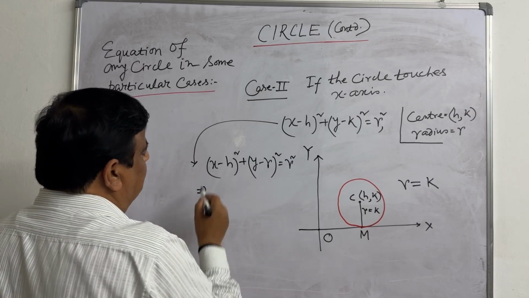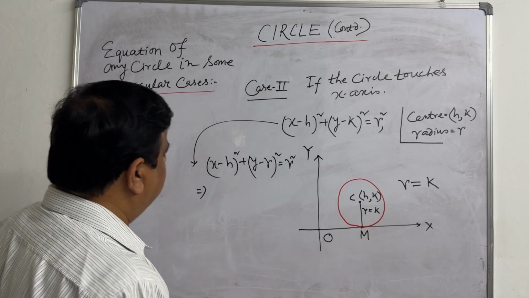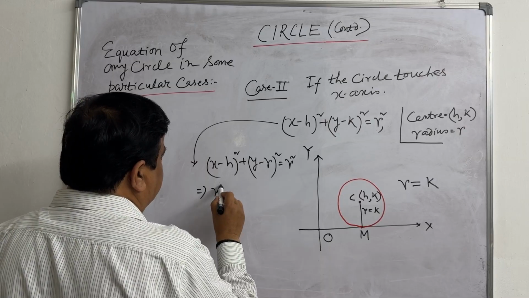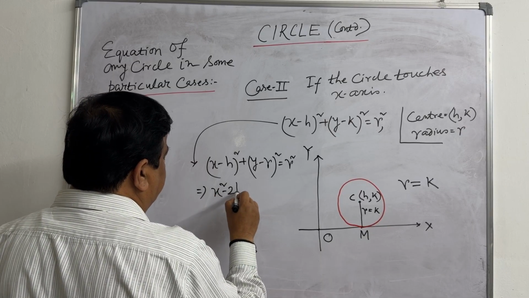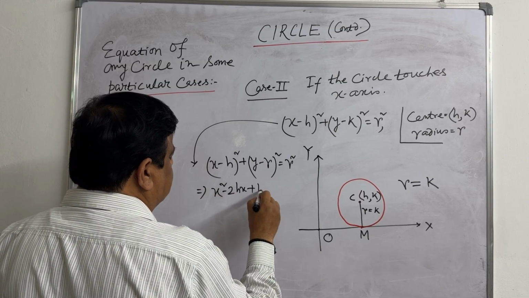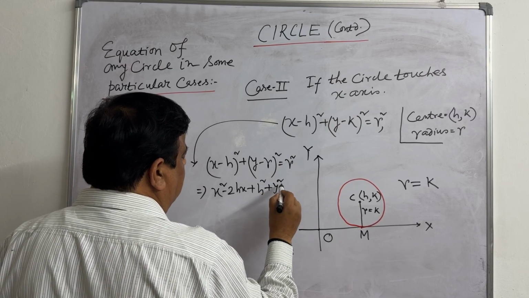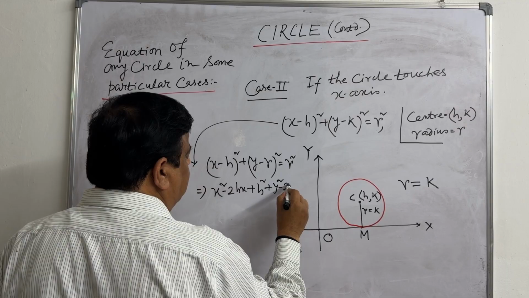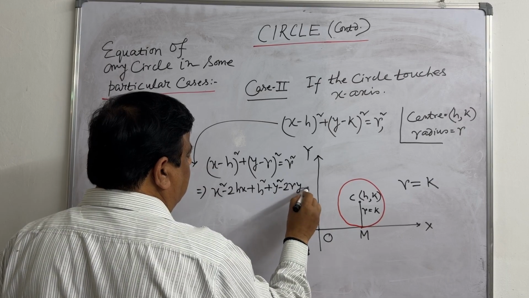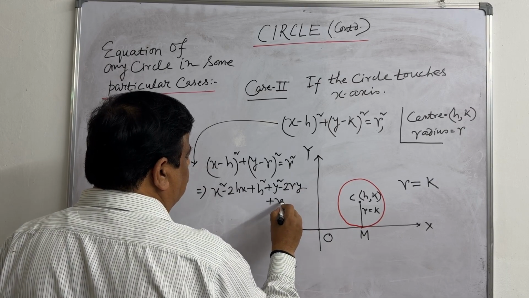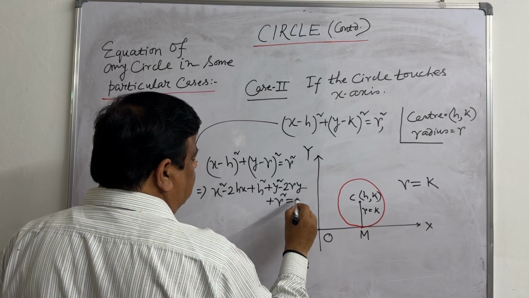It implies, if you apply (a minus b) whole square here, x square minus twice hx plus h square plus y square minus twice ry plus r square is equal to r square.